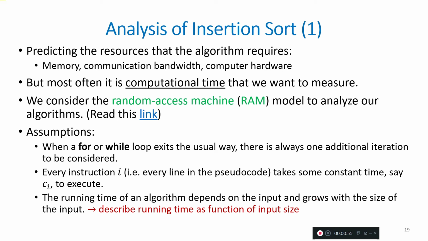Every instruction i within a for loop takes some constant time to execute, and we assume that that constant time is denoted by Ci. The running time of an algorithm would depend on the input and it grows with the size of the input. So basically the running time will always be a function of the input size, which is n.